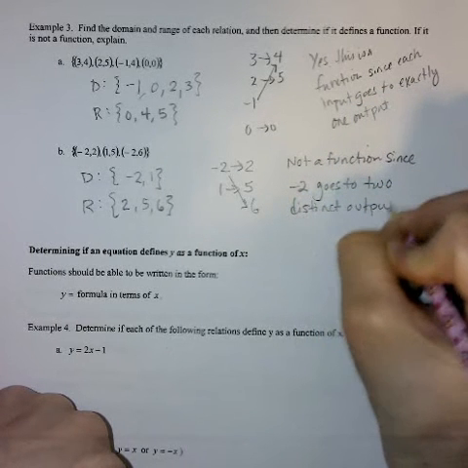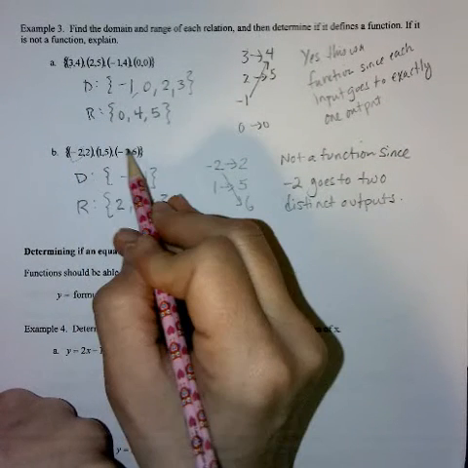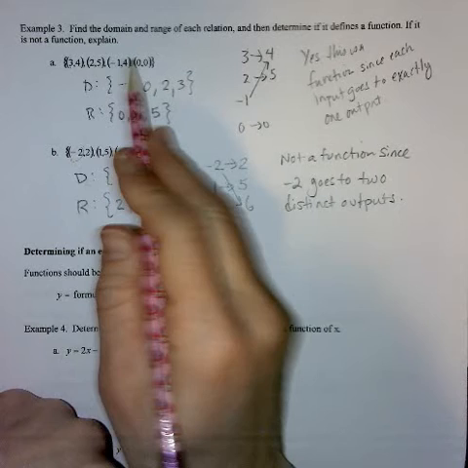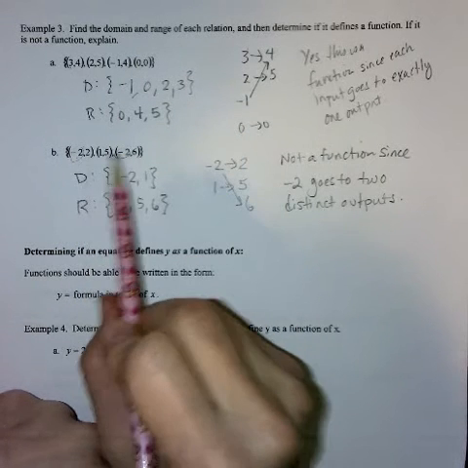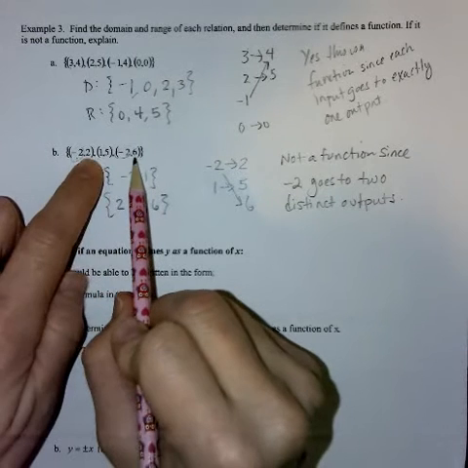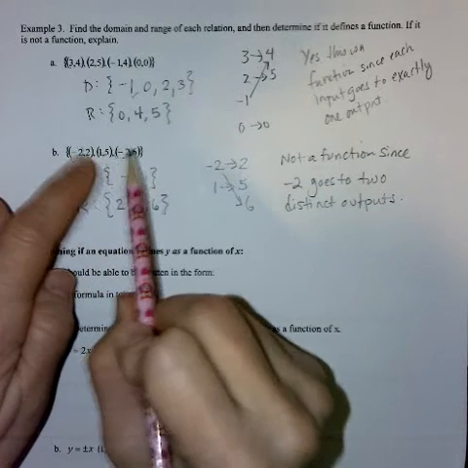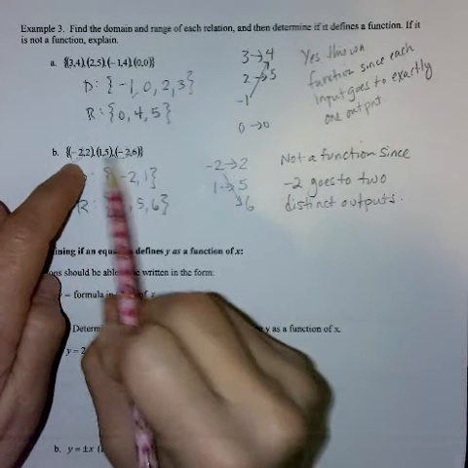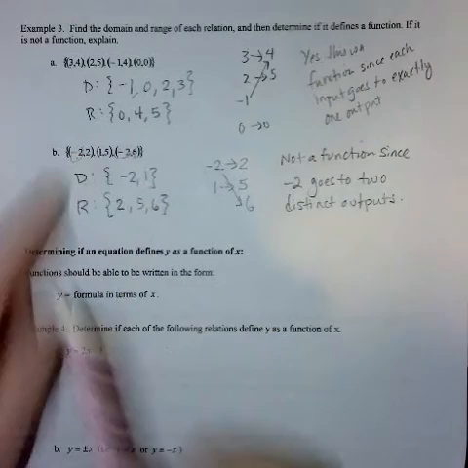So the thing you want to watch for here when you have a list is, are any of these first ones the same? It won't matter if the second ones are the same. Check the first ones, and if those are the same, then the y's better be the same. In other words, if you've listed the ordered pair twice, then it would still be a function, but we generally don't list the same ordered pair twice. So you want to check if these are different, then you don't have a function.